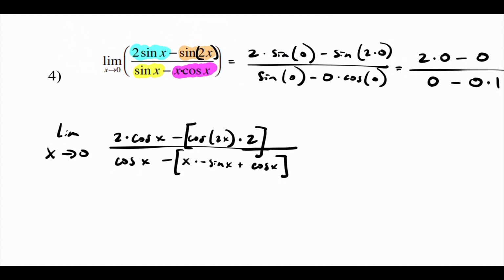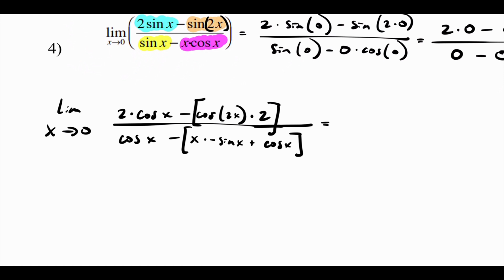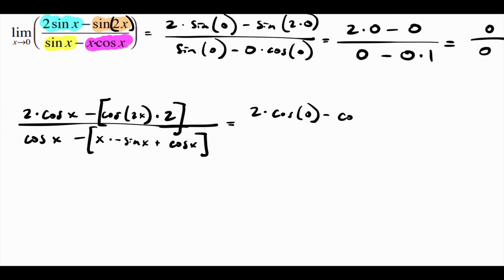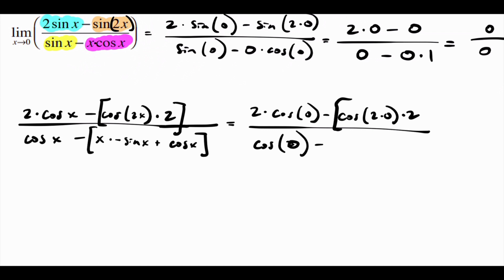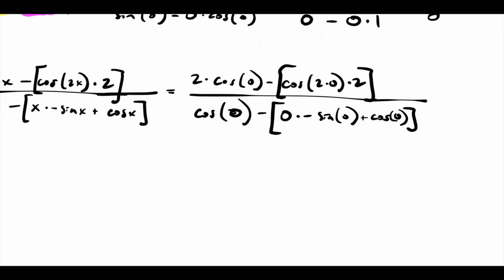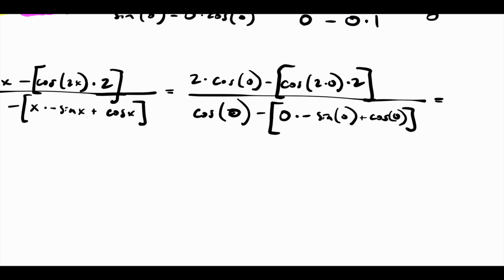Okay. Plug in 0 everywhere we see an x, I'm going to plug in a 0. So everywhere I see a cosine of 0, it's going to be a 1.